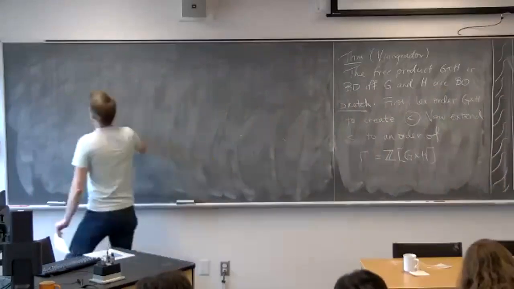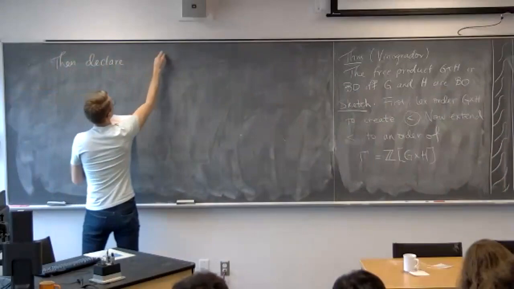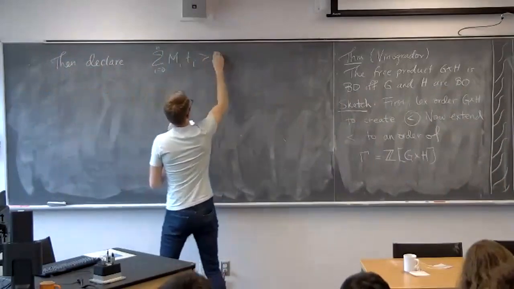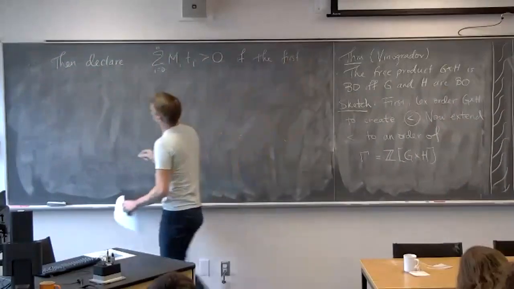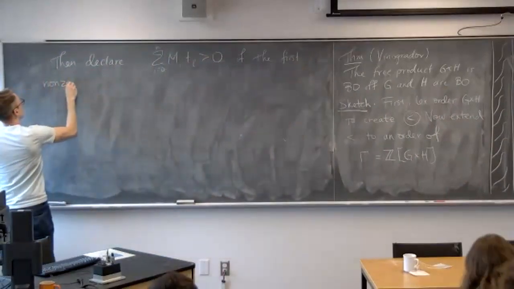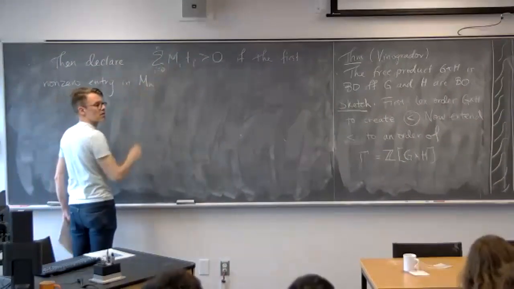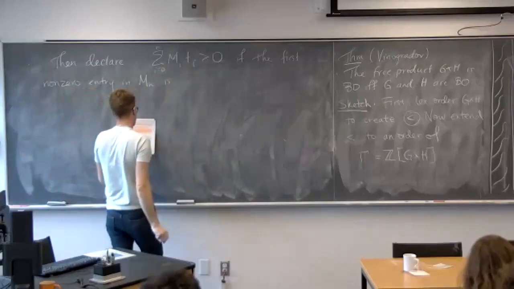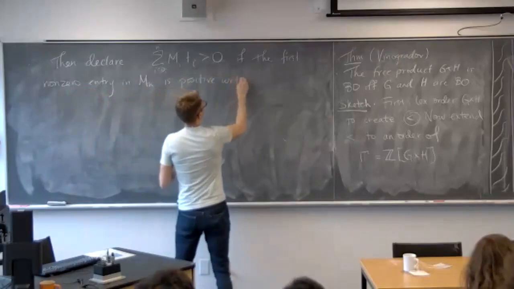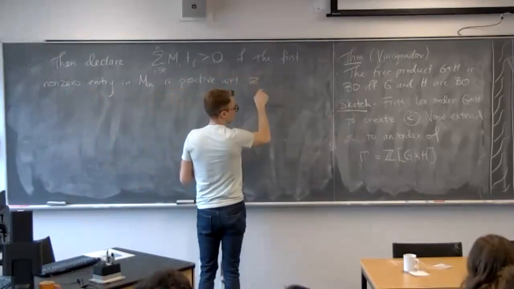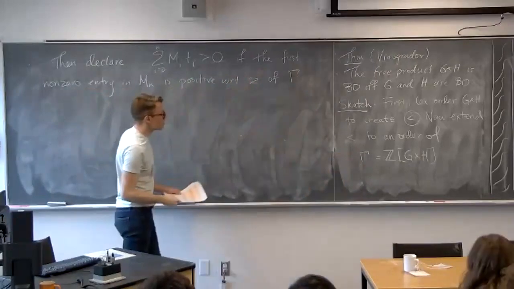So declare this sum bigger than 0 if the first non-zero entry in M_K is positive with respect to the ordering that we already defined on gamma.